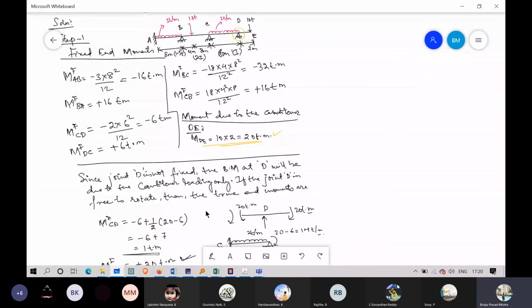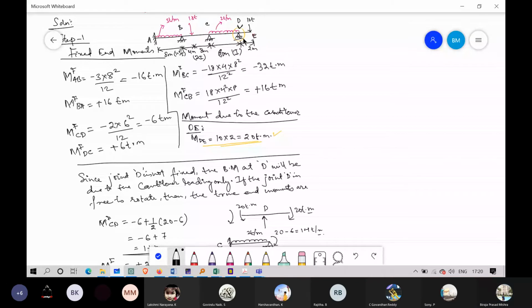See, this joint D, just a moment. This joint D over here, what kind of support is this one? Hinge support, sir. Okay. So we generally know that for a hinge support, what will be the value of moment across a hinge support? It will be 0.